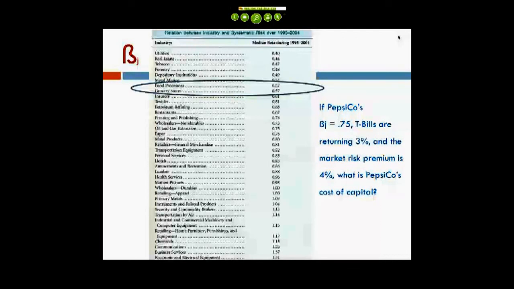Okay, 20 seconds are up. Who has it? Throw some numbers at me. What do you think it is? 6%. 3.75. I heard 6. I heard 3.75. Any others? 12%.